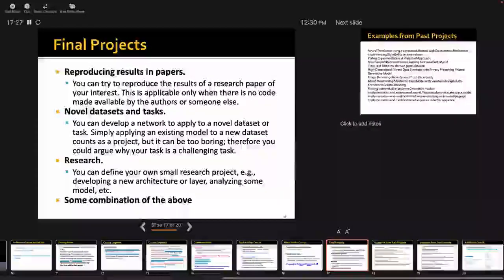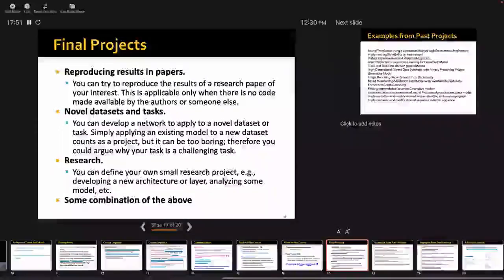If this is the case, then you can try to do it, but simply applying an existing model to a new data set sometimes might seem too boring. Therefore, you can try to argue why your task, why this application is actually a challenge and it's more than what it looks like.